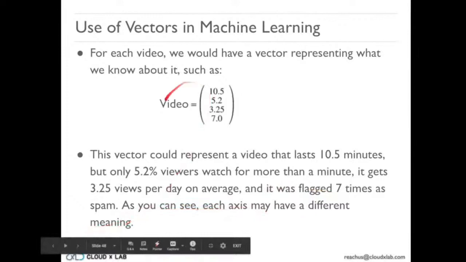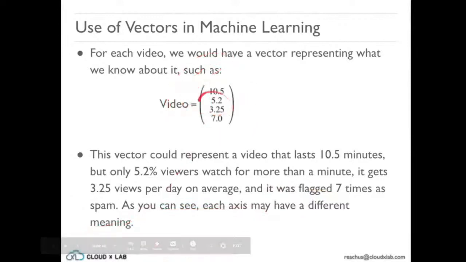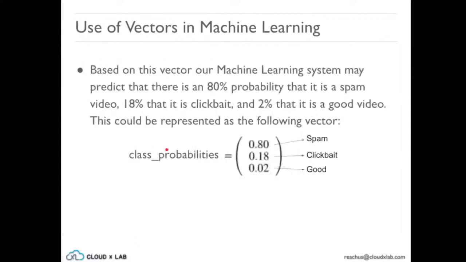And then you can represent that video in a vector that looks like this, in a NumPy array that looks like this. And this is the reason why NumPy arrays are used so much, because you can represent complex forms of data using vectors and then use mathematical operations and apply algorithms on that for whatever processing you need to do after that.